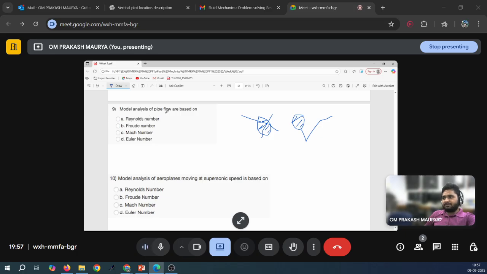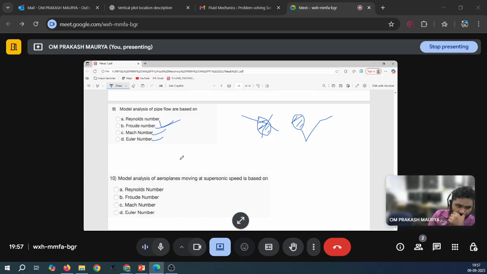The model analysis of pipe flow is based on whether Reynolds number, Froude number, Mach number or Euler number. Which option should be correct? Remember please, pipe flow means here the pressurized flow. So whether it depends on gravity or not.